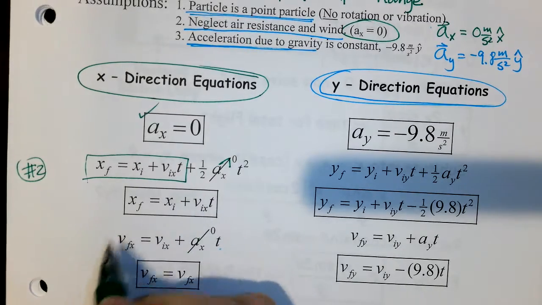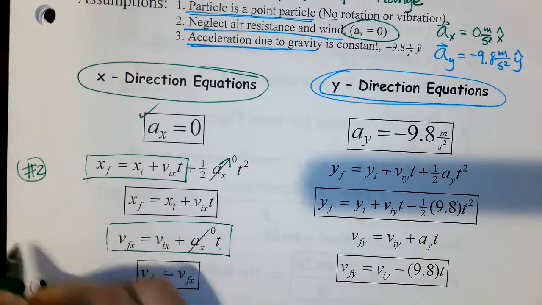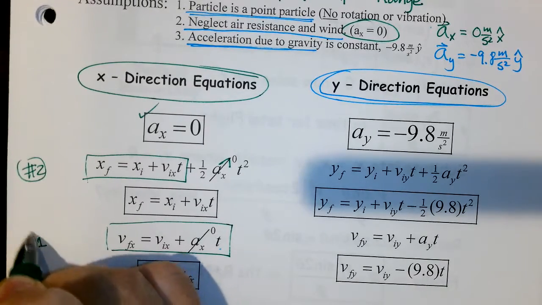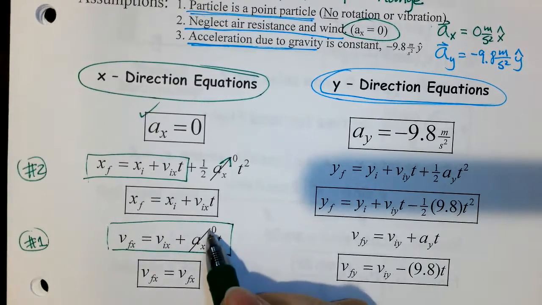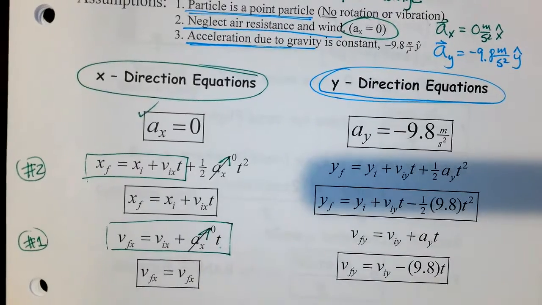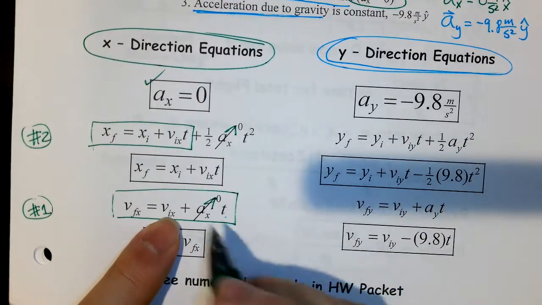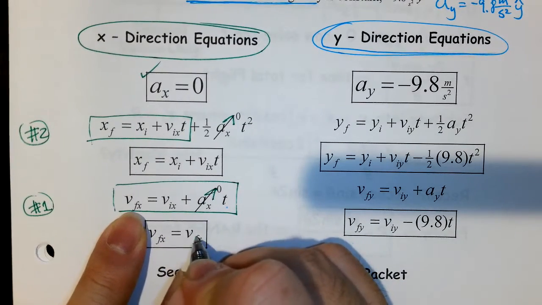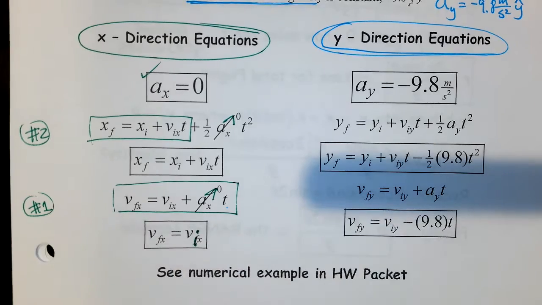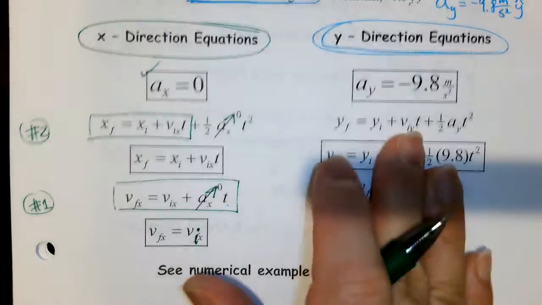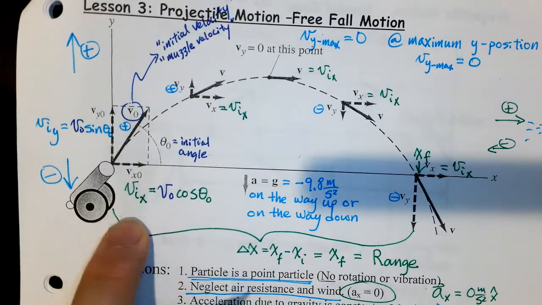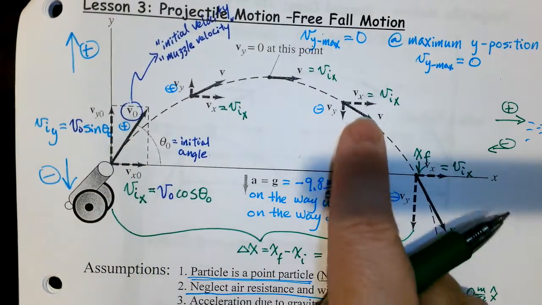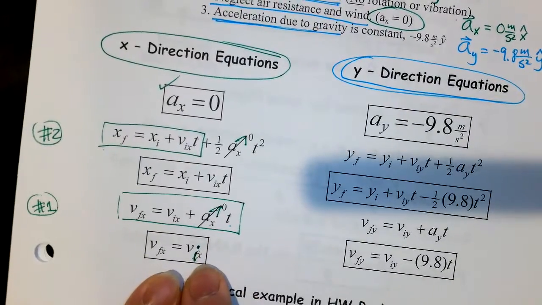And this is your equation 1. Since acceleration in the x is 0, your final velocity in x will always be your initial velocity in x. So there it is. The velocity in x will always be the same at any time, because this does not depend on time.